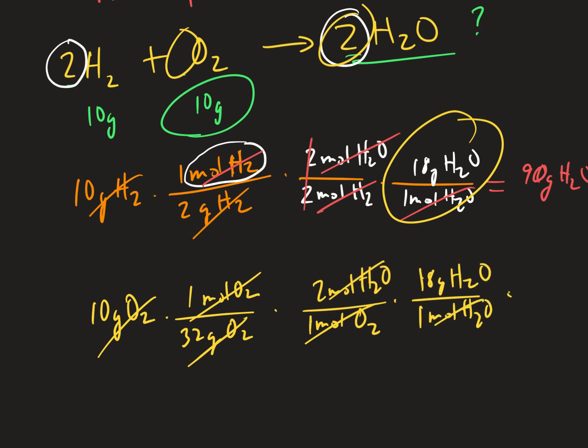And we do this, and what do we get? 10 divided by 32 times 2 times 18. What do we get? 11.25. 11.25 grams of oxygen.